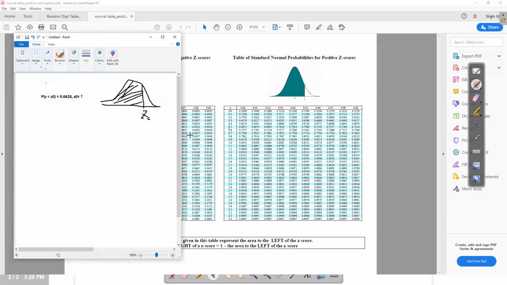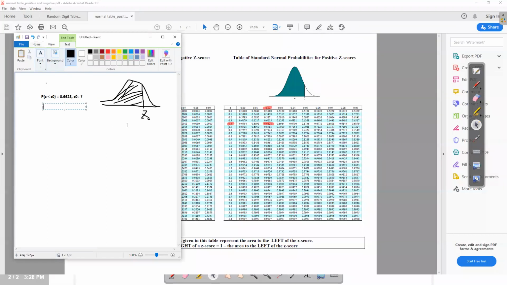So 0.6628, we can just look up as is. All the probabilities smaller than 0.5 are on the left-hand side, greater than 0.5 are on the right-hand side. So 0.6628 is on the right, right here. And the corresponding Z-score is 0.42.